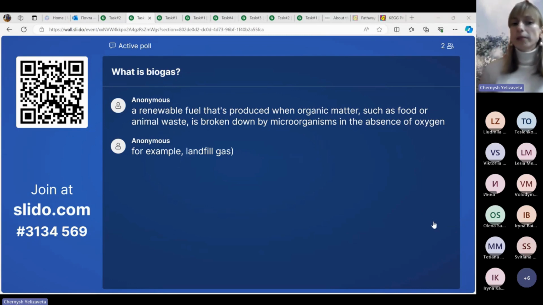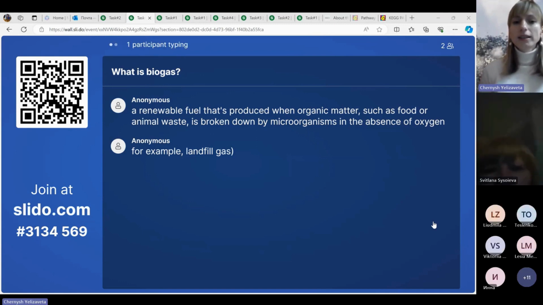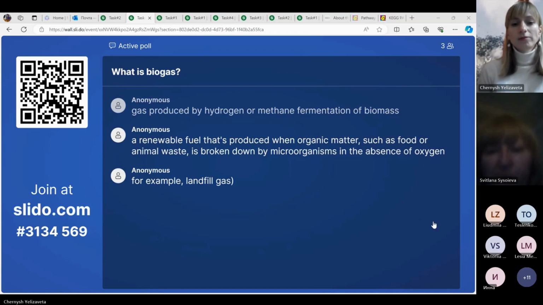So it means that in the composition of biogas we have some components. Okay, yeah. Gas produced by methane fermentation of biomass.